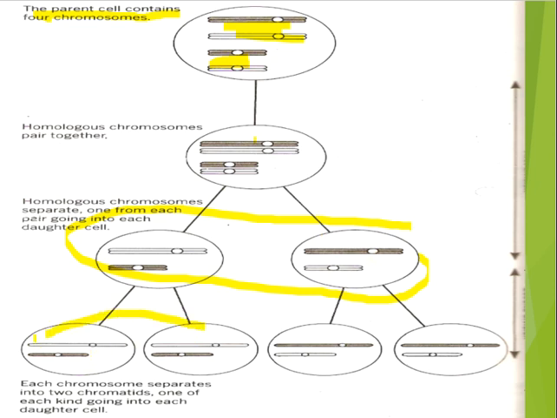Then in the second meiotic division, each chromosome separates into 2 chromatids, one of each kind going into each daughter cell, as you can see here. That's why we say the haploid state or haploid number.